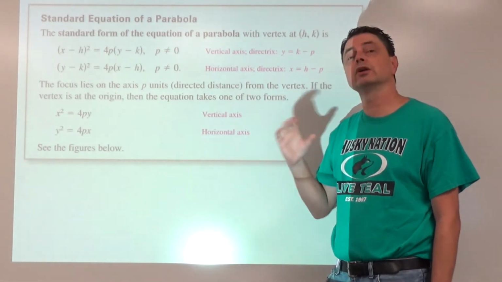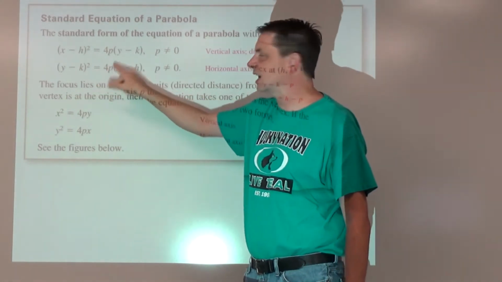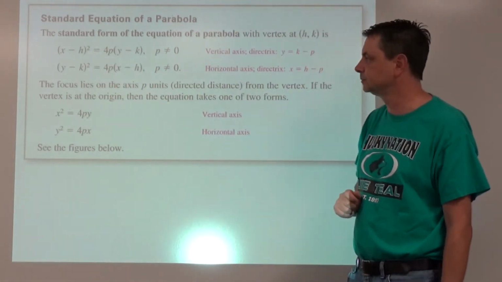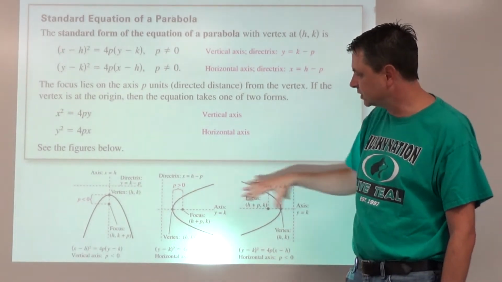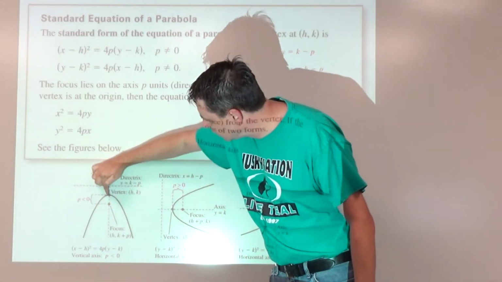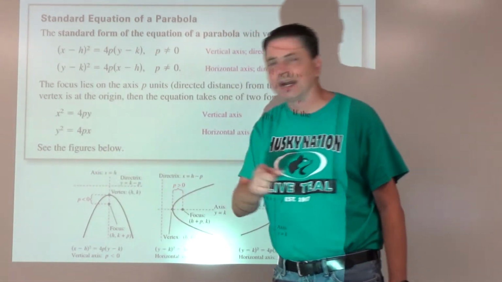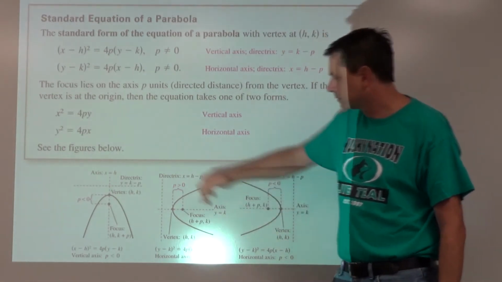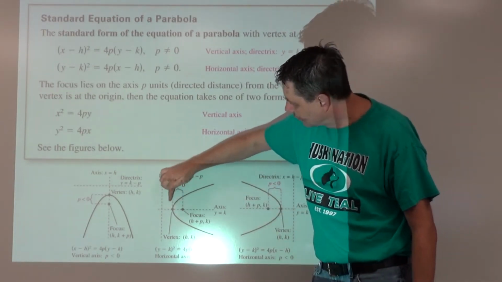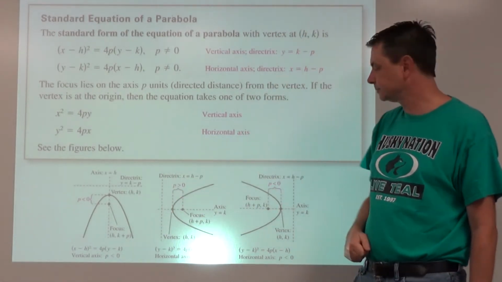Be mindful of whether it should be positive or negative. That's the P value, so 4 times P is in the problem. It just gives you an idea. If it opens down, the directed distance, you go from there to there, that's P, it would be less than 0. Here we're going from the vertex to the focus, we went right, so P is positive.